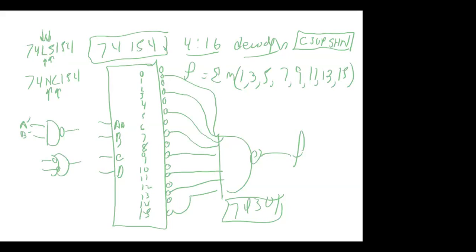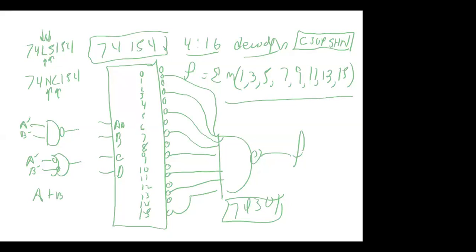The inversions cancel and what you would get is A or B. So what we've done here is we've summed the product terms that are coming out of the decoder. And it has given us an ability to implement a 4-variable truth table with nothing more than 2 chips, a decoder and an AND gate, and that's it.